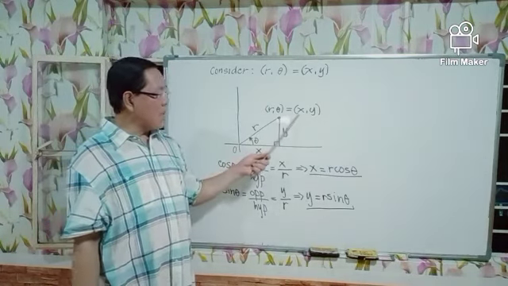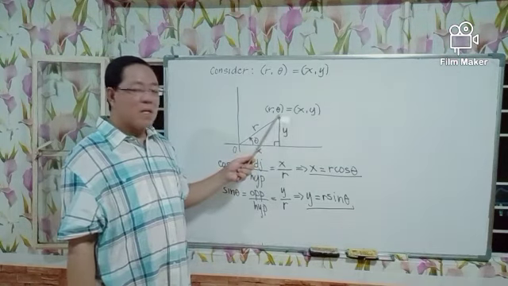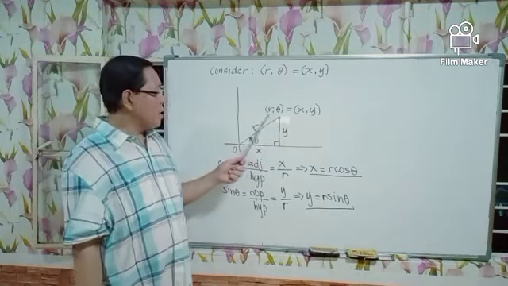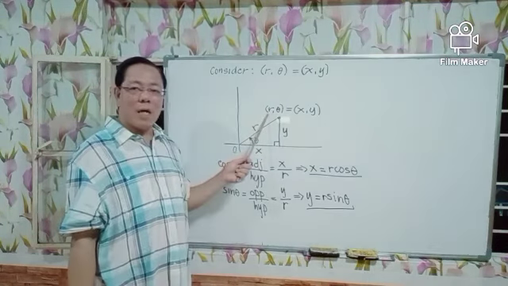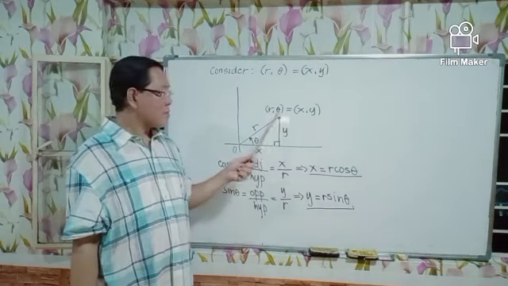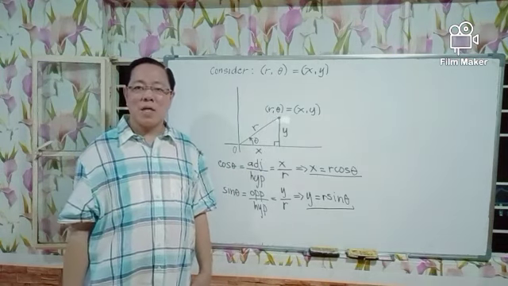Now, if you are given the Cartesian coordinates and you want to find the same point in polar coordinates, you have to find the radius and the angle theta. And you find the angle theta using the tangent function.